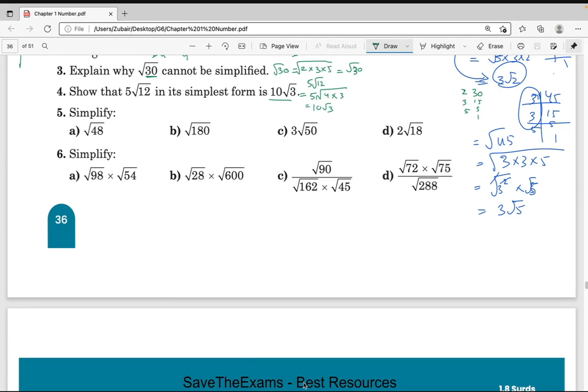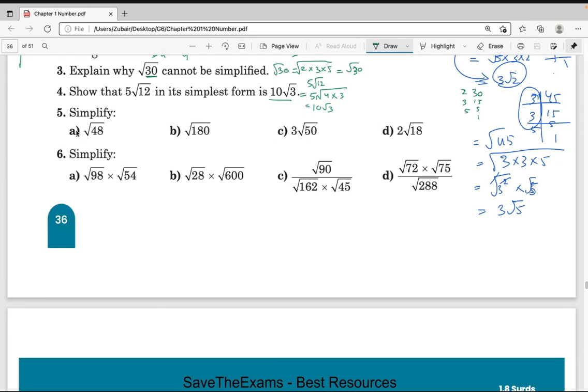We got a pair here. So 6 multiplied by 2 is 12. So it will be 6 only, sir. 4 root 3. Yes, 4 and root 3.